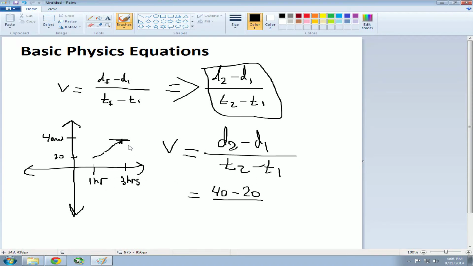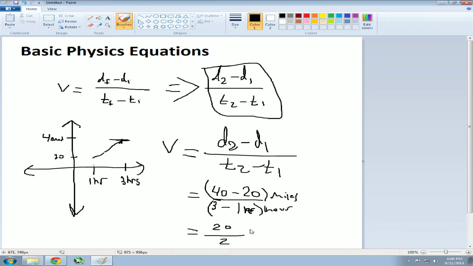Over the final time, which was 3 hours, minus the initial time, 1 hour, because that's when we started timing it. This whole thing is miles, so you don't forget. When you solve this, 40 minus 20 is 20, and 3 minus 1 is 2.